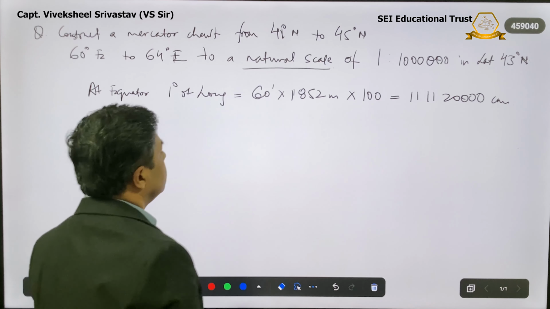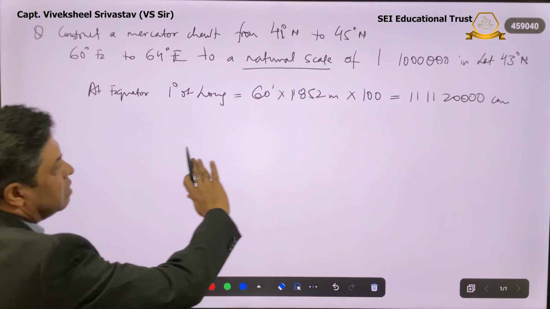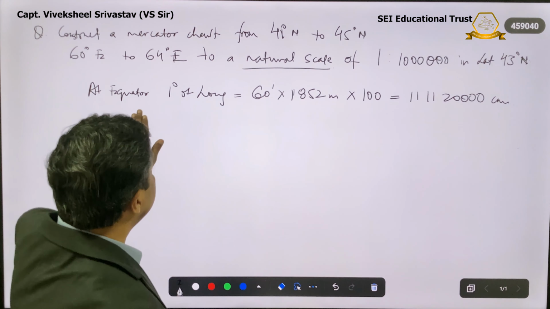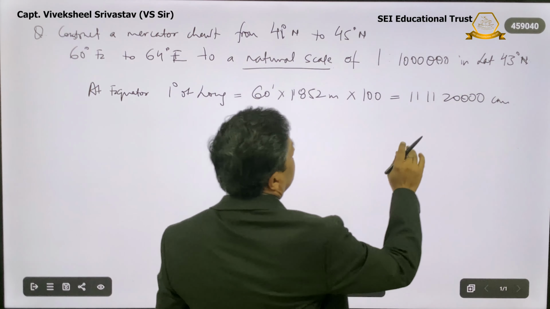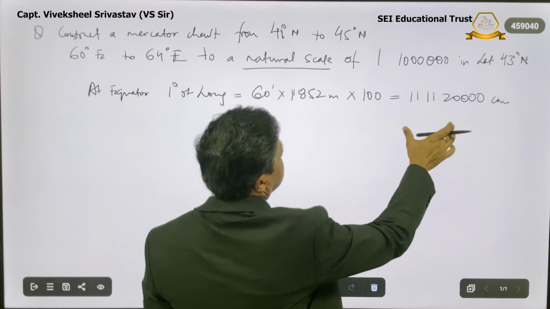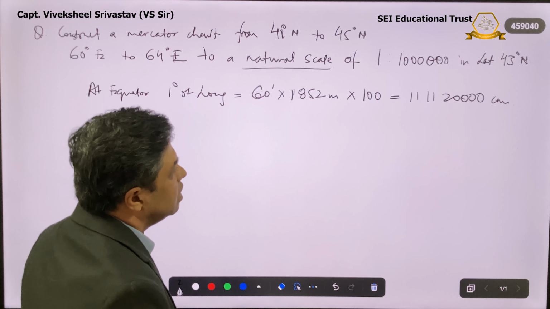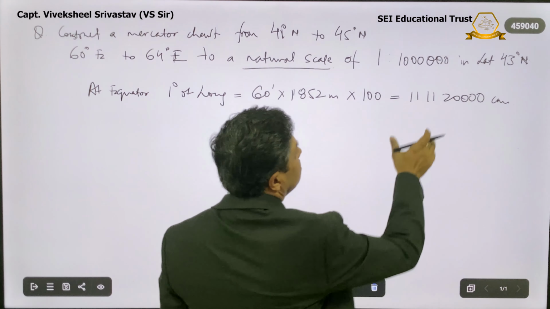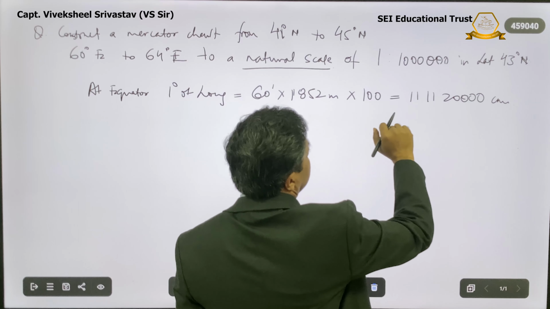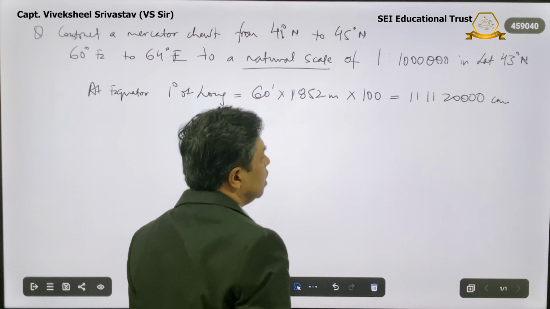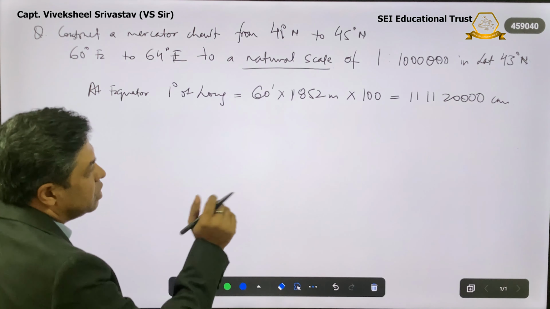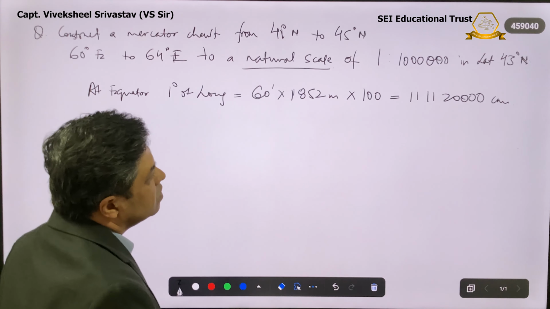Okay, so this is the natural thing. 1 degree of longitude measures this many centimeters on the earth in actuality, but we need that 10,000 centimeters in 43 knot should measure 1 centimeter on the chart.